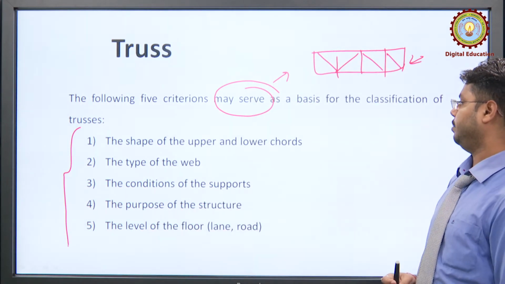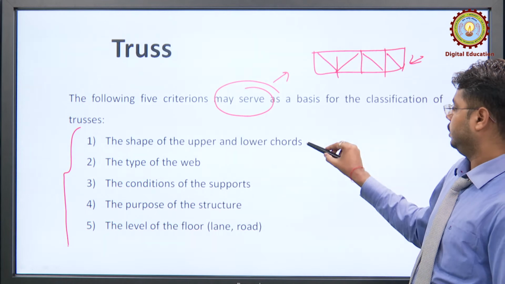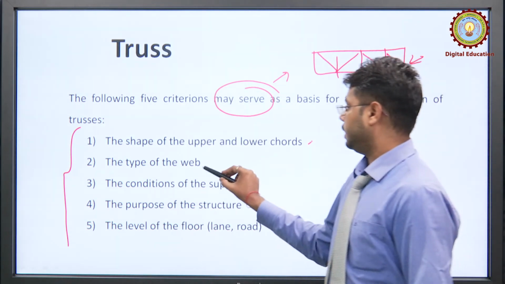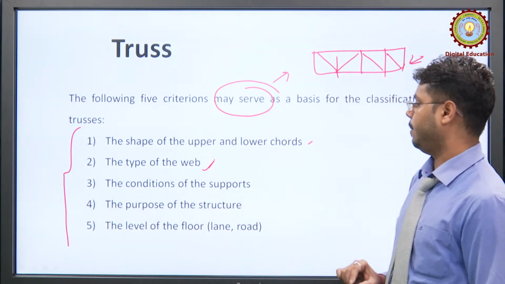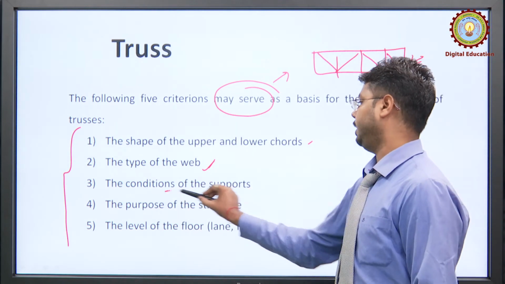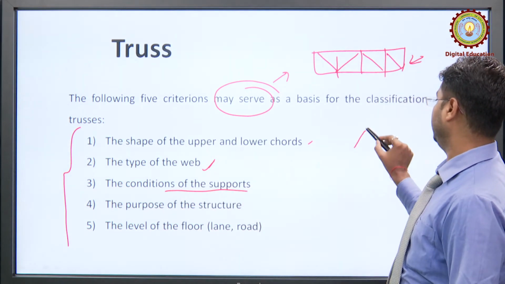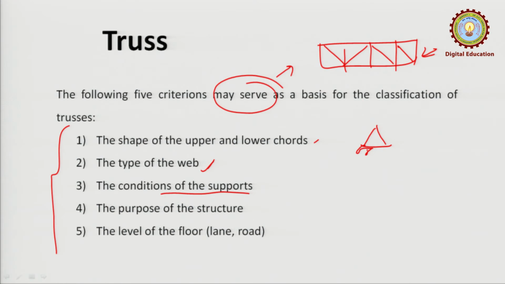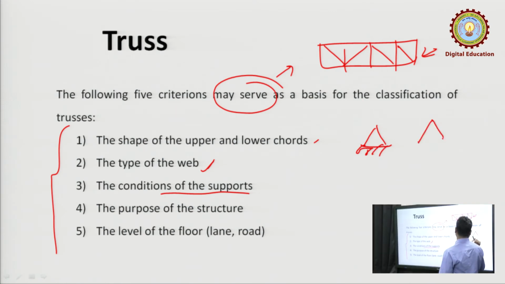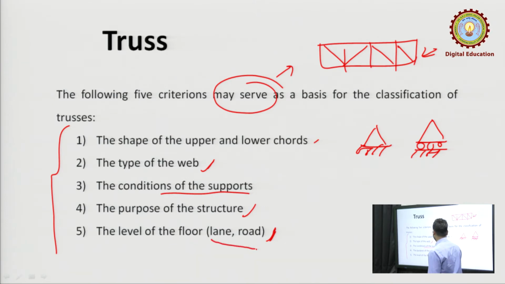The shape of the upper and lower chord. Second, the type of web we are using. Third, the condition of the support, whether it is a hinge or roller. Then the purpose of the structure and the level of the floor, that means a lane or road.